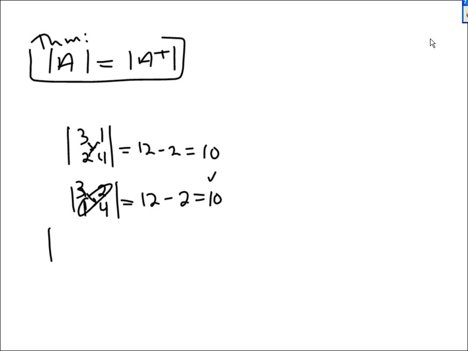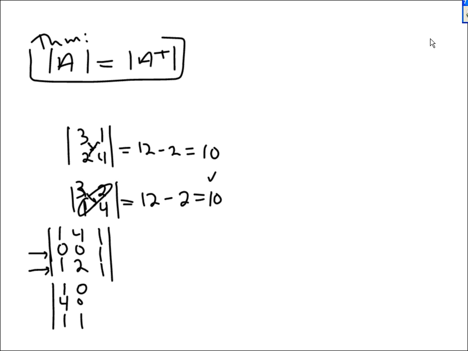Now, if I have a 3 by 3: 1, 4, 1, 0, 0, 1, 1, 2, 1. Well, the transpose will be, instead of 1, 4, 1 as the first row, it becomes the first column. Instead of 0, 0, 1 as the second row, it becomes the second column.